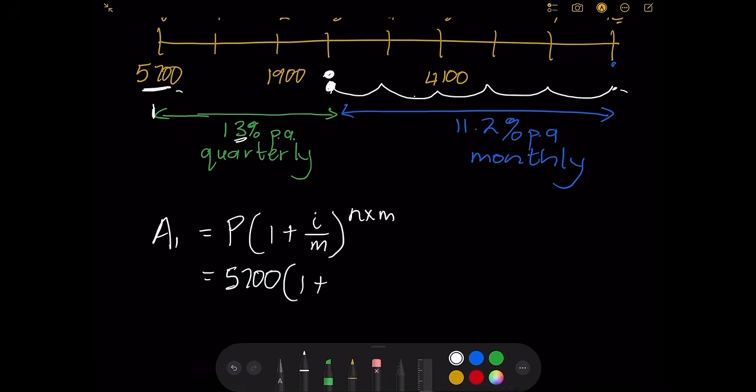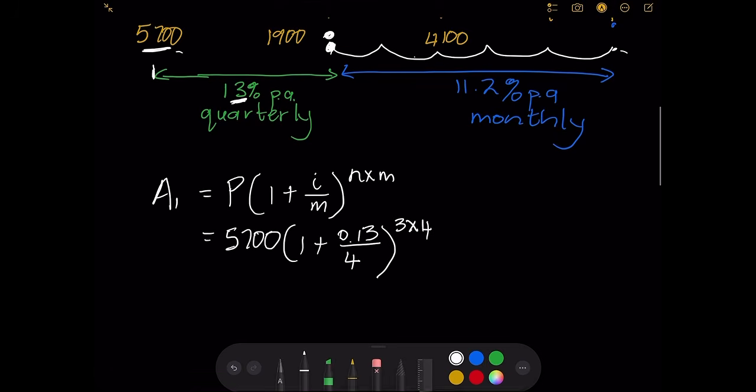So that's going to be 13 divided by 100, that's 0.13, right? It is compounded quarterly, so we know that's going to be divided by 4. But how many years did it accumulate interest at 13%? It's 3 years, so this is going to be 3, but remember we multiply that by 4. So that would be 12 compounding periods all in all.